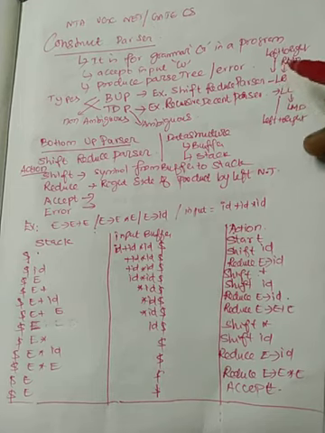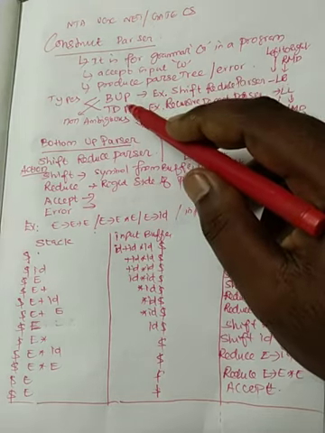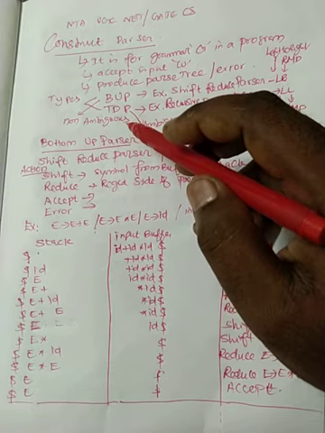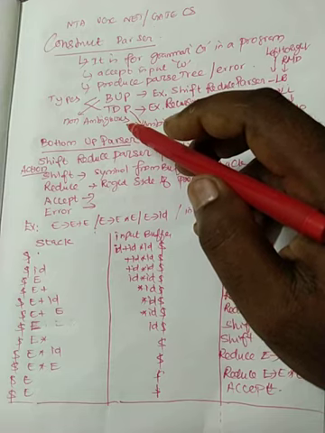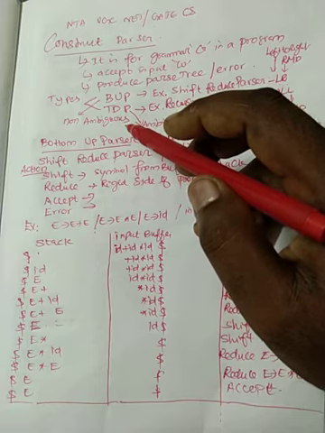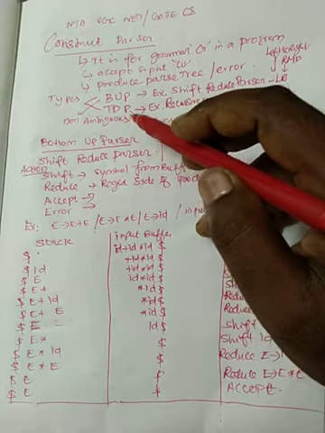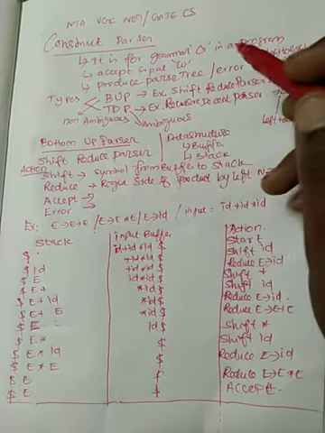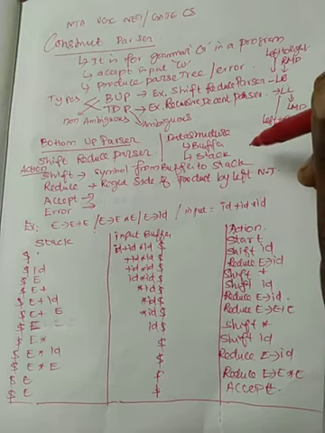One more advantage of the bottom up parser is that it is non-ambiguous, which means for any given grammar, it can generate only one type of parse tree, only one parse tree. But if you go for a top down parser, it will generate an ambiguous tree.